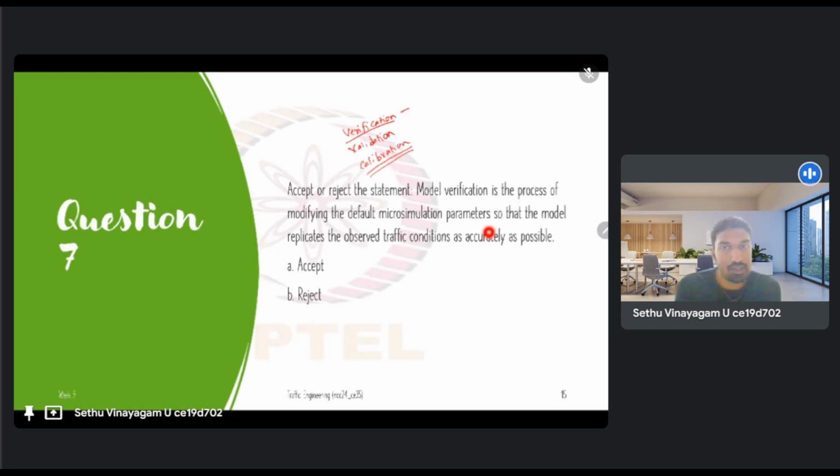And then the validation is, once we have a set of calibrated parameters, we try to apply this set of parameters to another set of data, right? We collect two sets of data from the field. One is for calibration, another is for validation. These are two sets of data, maybe from the same place or from different locations with similar characteristics.